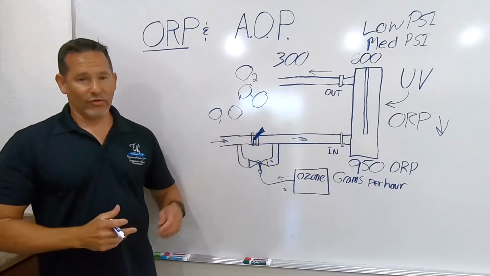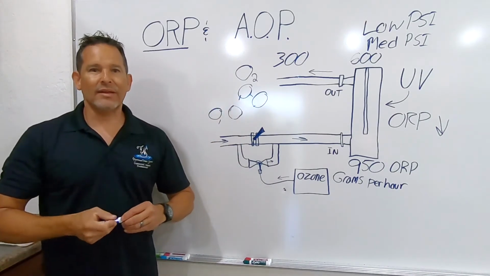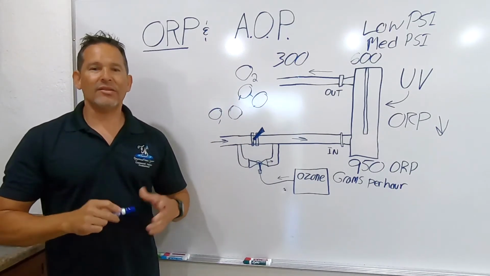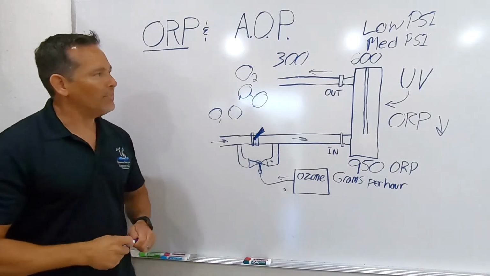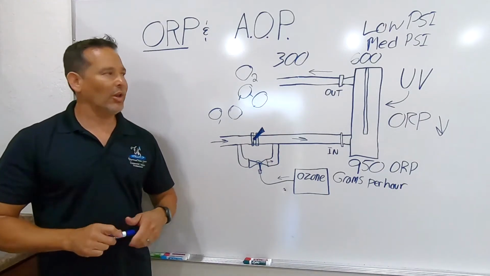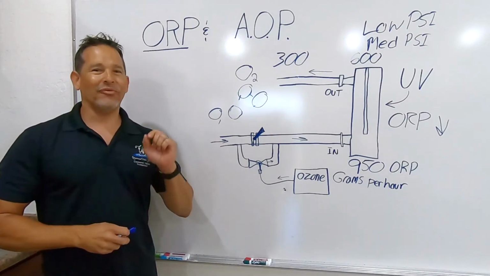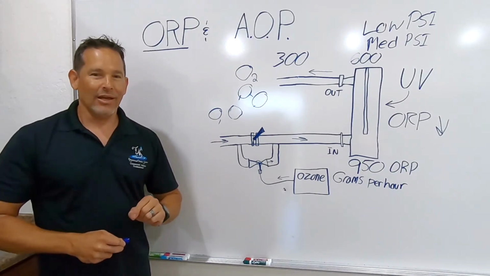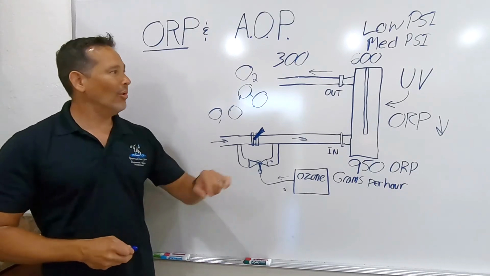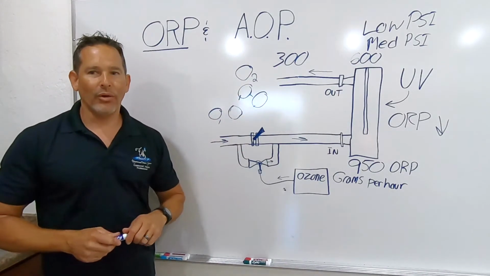Now, for a swimming pool, the question is, is that good or bad? I get this question a lot. Well, it depends on what you're trying to accomplish. Do you want a low ORP to swim in? It's going to be very difficult for you to maintain a clean and clear pool when your ORP is so low. Why?